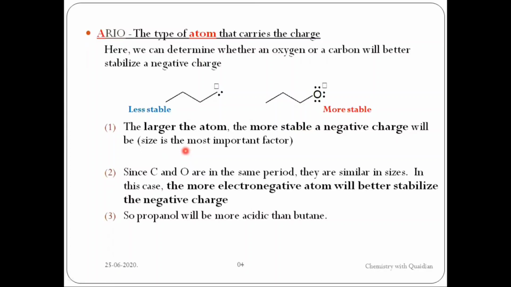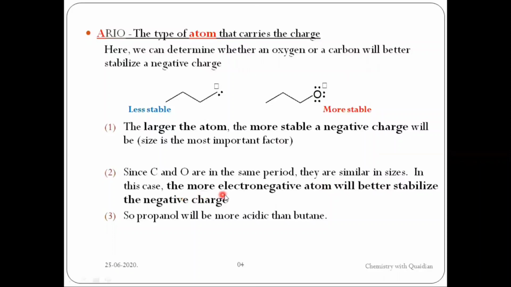But here you know that carbon and oxygen belong to the same period, the second period, and they are similar in size, because in a period the sizes don't vary much. Size varies in a group, and in a period nuclear charge increases, so there is no reasonable change in size, and carbon and oxygen have almost the same or comparable size.